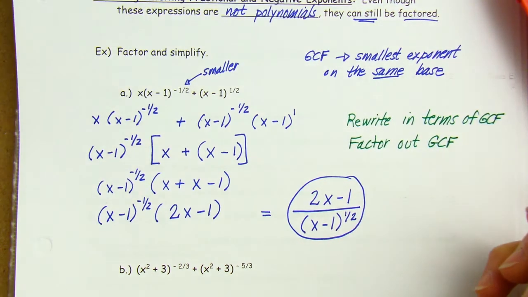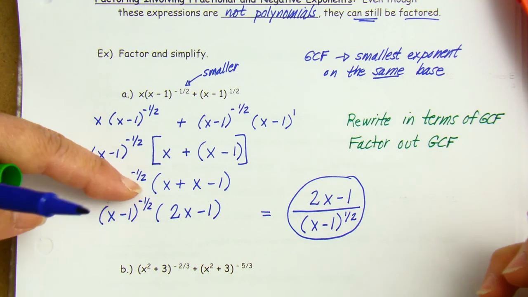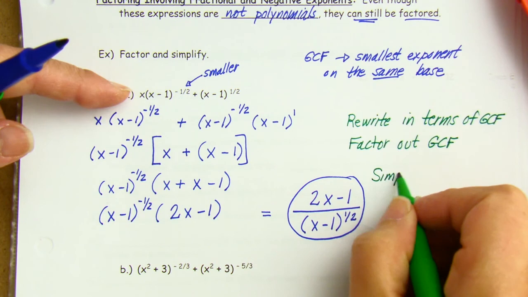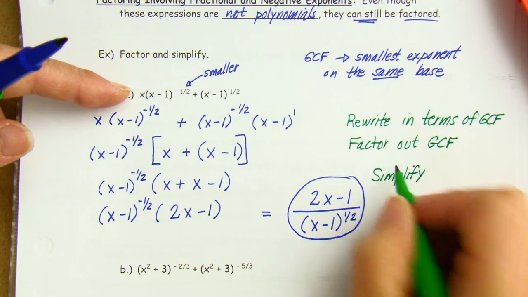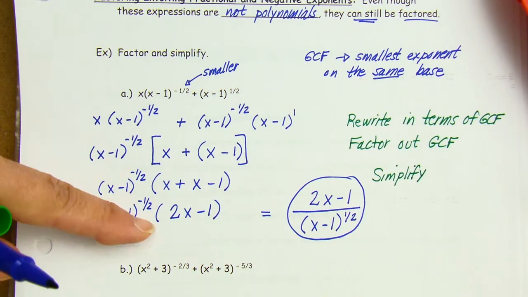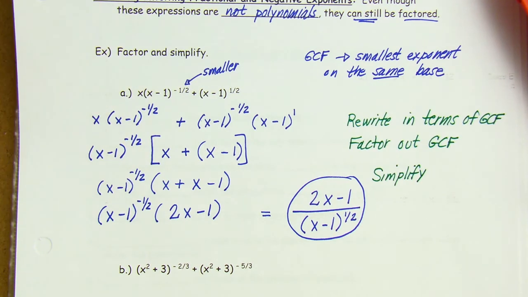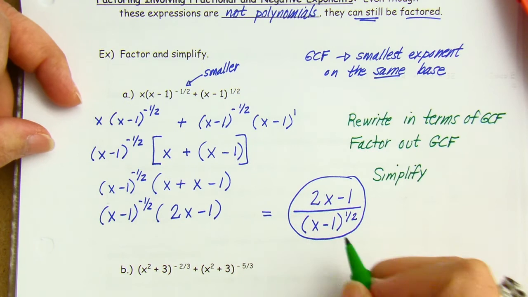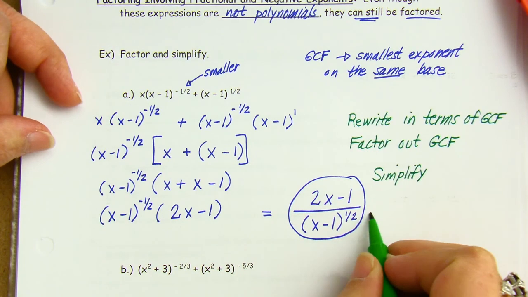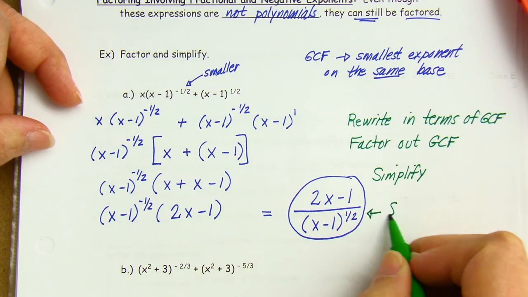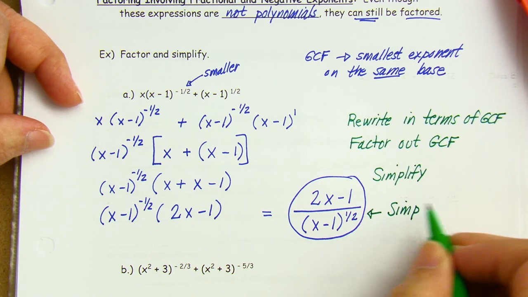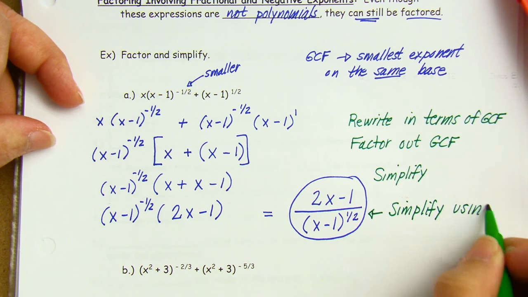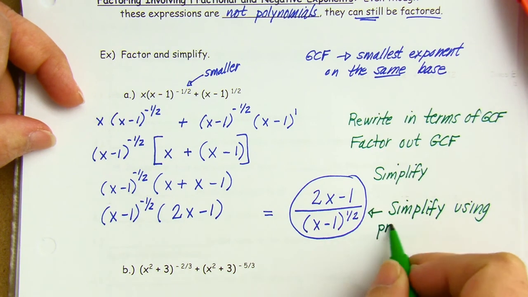What did we do in this step here? Well, we were simplifying. What did we do here? We simplified again. We added the x's. And what did we do here? We also simplified. So simplify using properties of exponents.